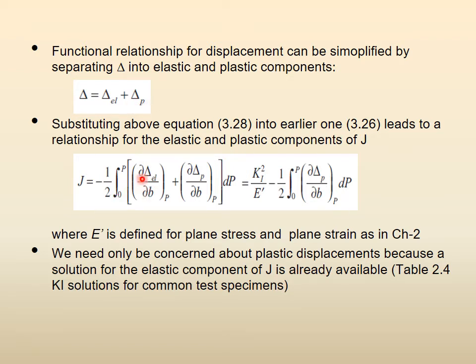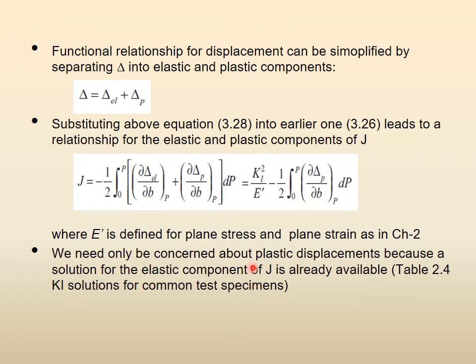It was there earlier also, but we are just repeating it for you. And we are saying that the J integral, the elastic part is of course simply this. So delta plastic only with respect to delta b, and so on. Where E dash, remember, is defined for plane stress and plane strain earlier. For plane stress, E dash is equal to E. For plane strain, E dash is equal to E upon 1 minus nu squared, and so on.